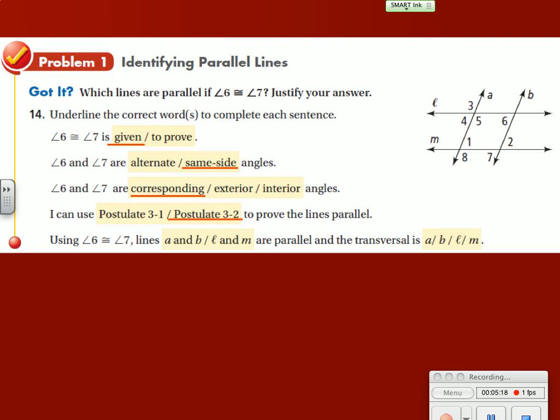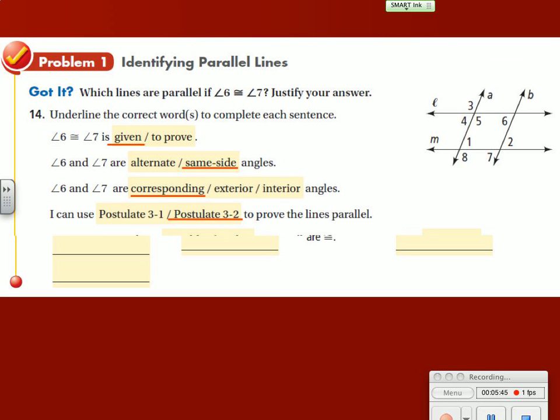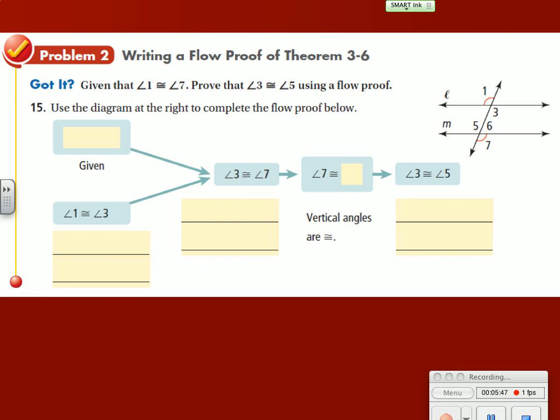So I can use postulate 3-2 to prove the lines parallel. Using angle 6 and angle 7 being congruent, lines L and M are parallel and the transversal is B. So I can prove that lines L and M are parallel using the converse of the corresponding angle postulate.